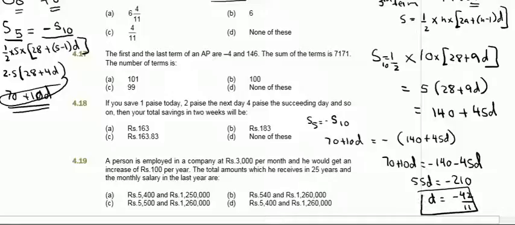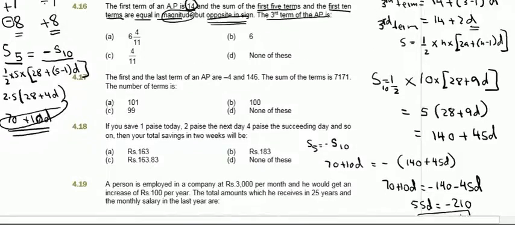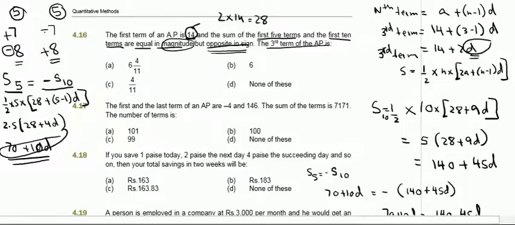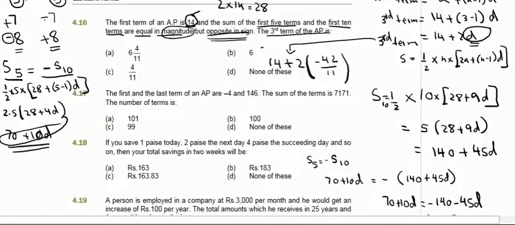Now we can use this value over here where we were stuck. So our third term, if I rewrite this over here, our third term will be 14 plus 2 into our d's value, and our d's value is negative 42 over 11 from here.